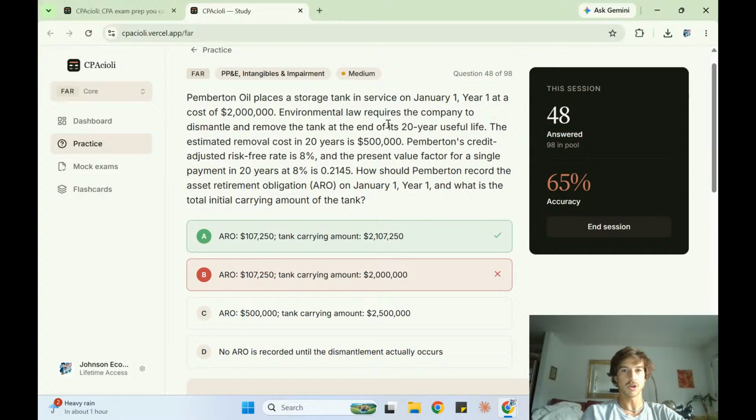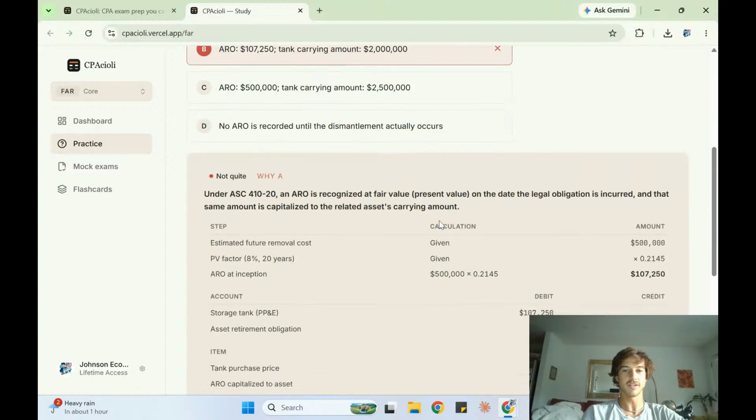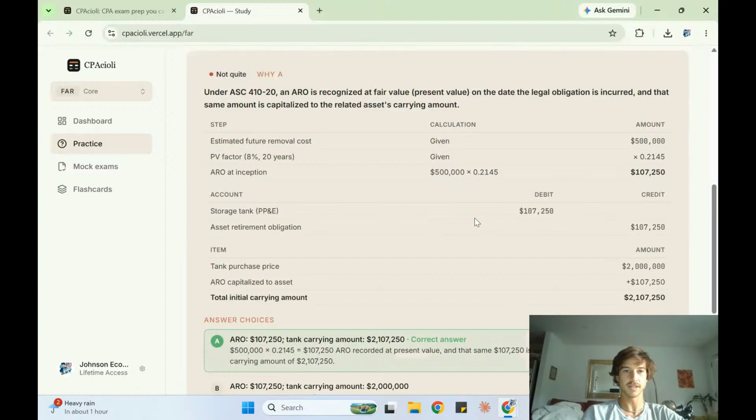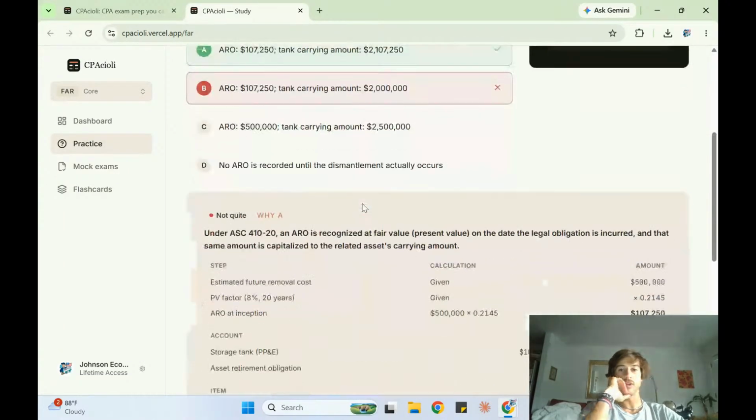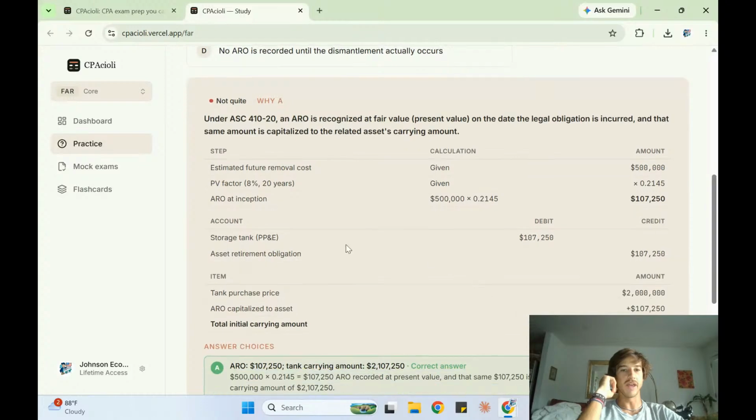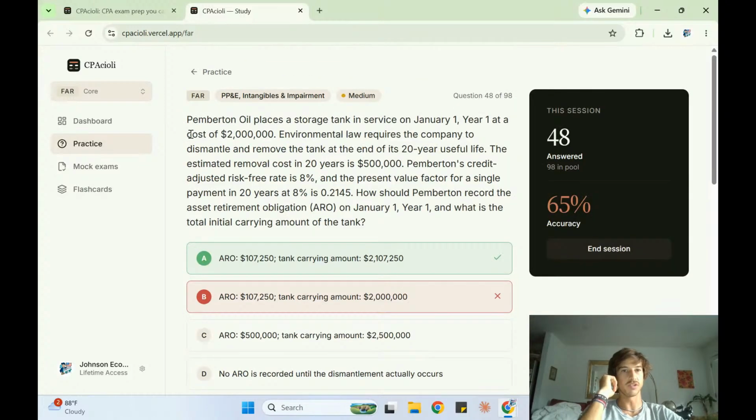So it's the cost plus the present value of that times that. So it's that. No, never mind. Okay. It's the estimated removal cost times the present value factor, which is around 100,000, and then you add that to the tank purchase price.